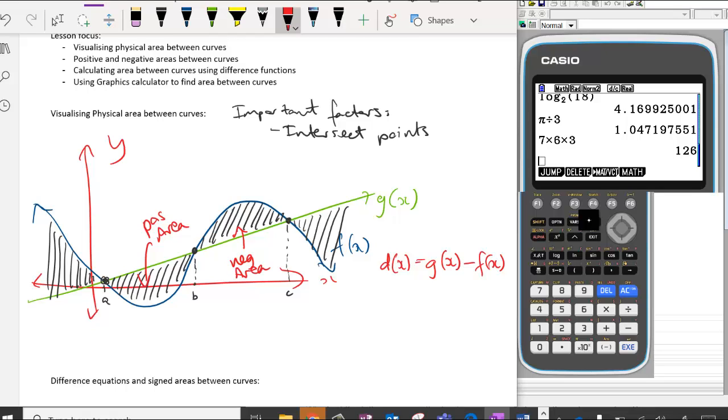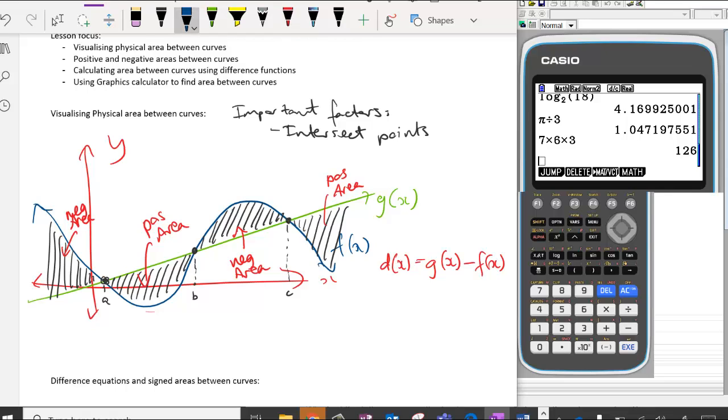And at this point beforehand, this will be a negative area, and this will be a positive area, as g of x is greater than f of x. Hopefully that makes sense. When we're using this difference function, we don't have to worry about whether it crosses the x-axis or not. We're just looking at the difference between these two functions.